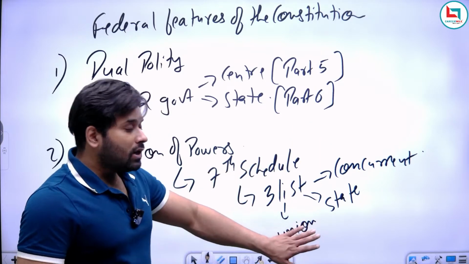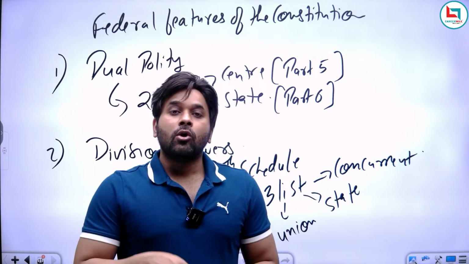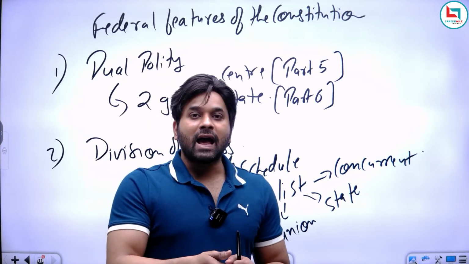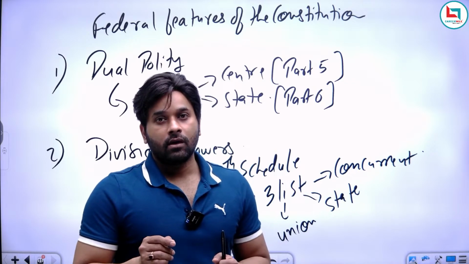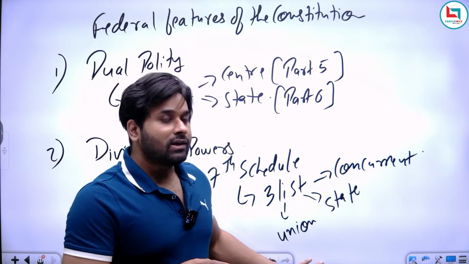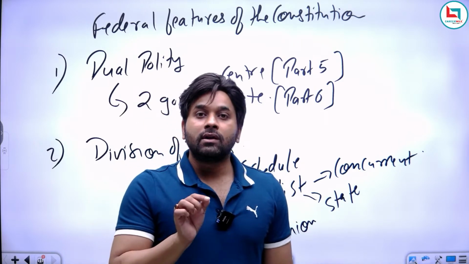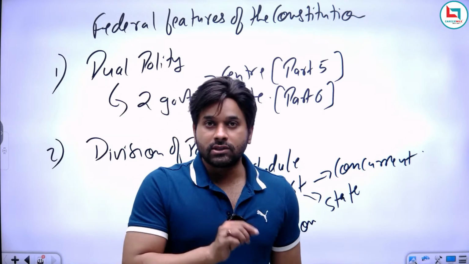Now the union list deals with those subjects on which only the parliament has the authority to make laws. State governments do not have the authority to make laws on the union list. And when it comes to the state list, under normal circumstances, listen to this carefully.